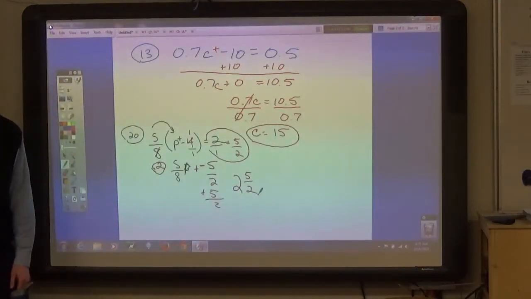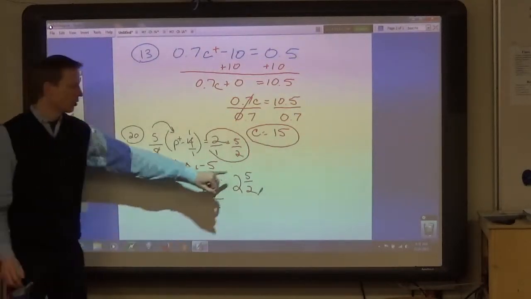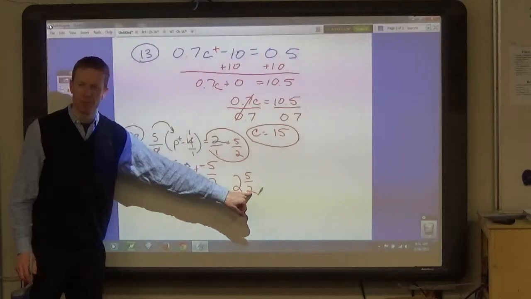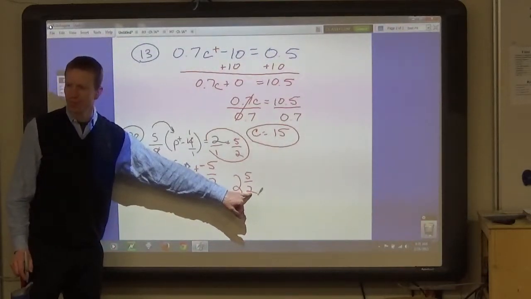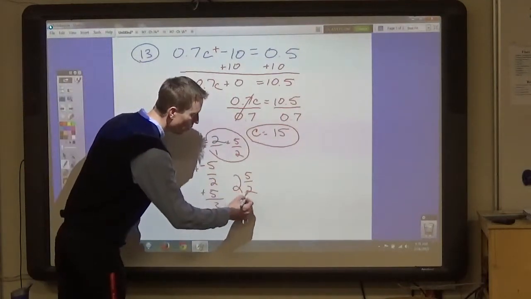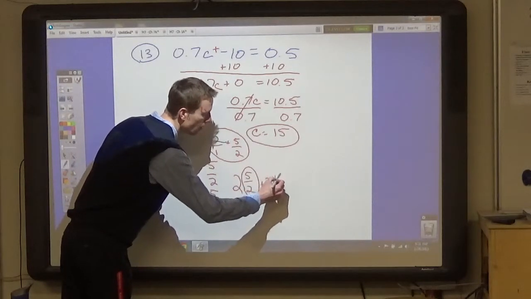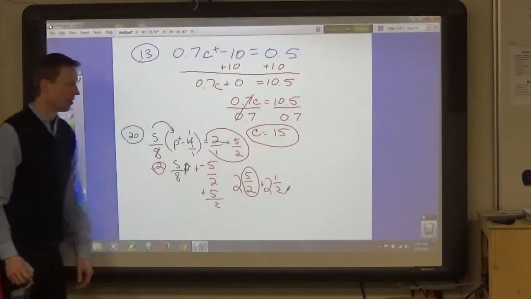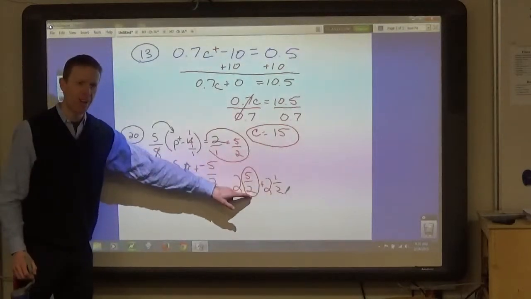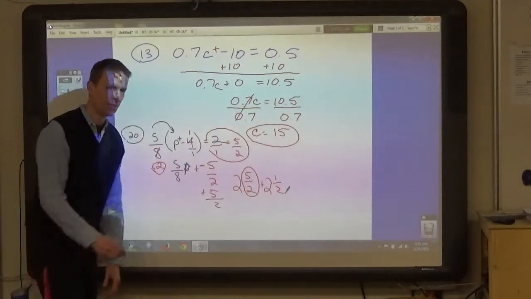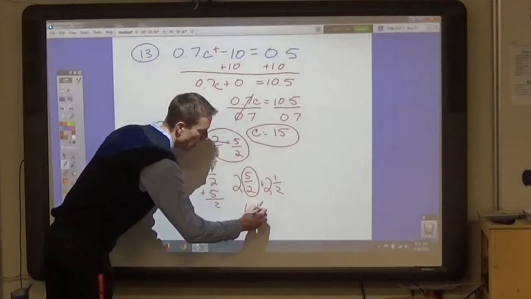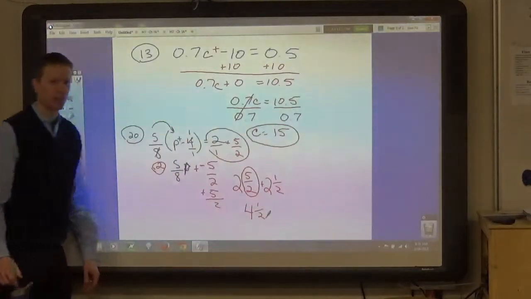Or, what's 5 halves as a mixed number? 2 and a half. So if we change this to 2 and a half, then 2 plus 5 halves is 4 and a half.